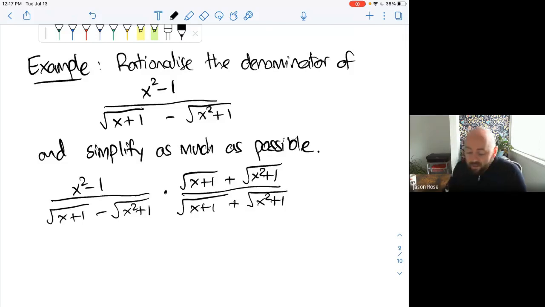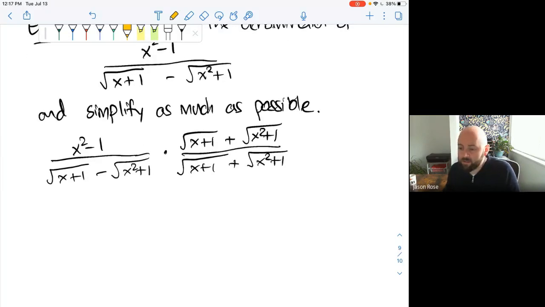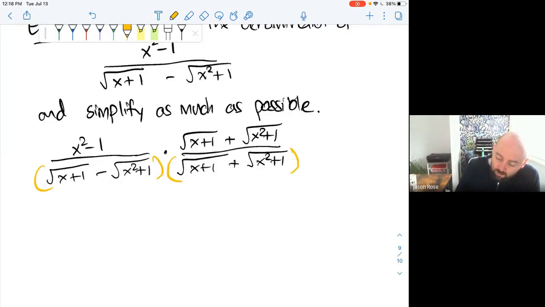Now, the reason that this works, and this is a bit of a shortcut, is because this looks like it's going to be a hell of a multiplication. Doing first, outside, inside, and last, that FOIL method on all those terms, looks like it's going to get kind of ugly. But instead of doing that, what I'll note is that in multiplying by the conjugate, do you remember your difference of squares formula? You had a squared minus b squared.